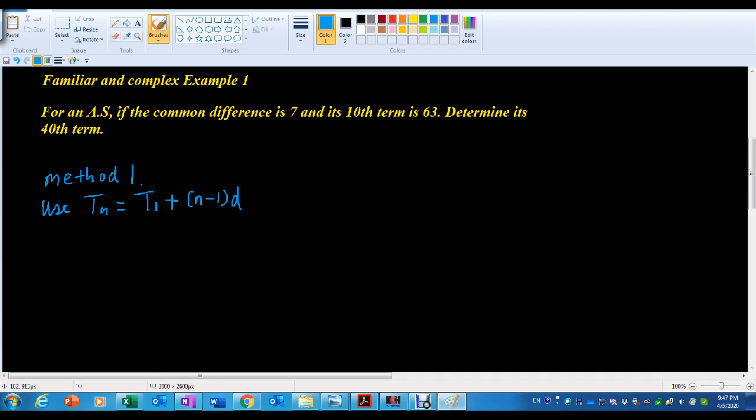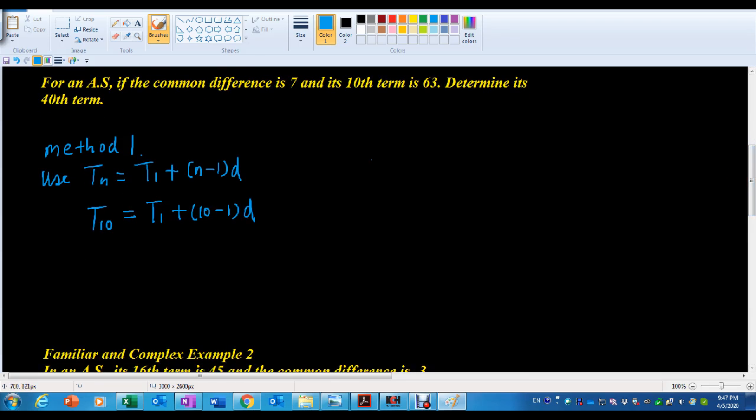If n equals 10, the formula becomes the 10th term, T1 plus (10 minus 1) d, right? So we put 10 into n.